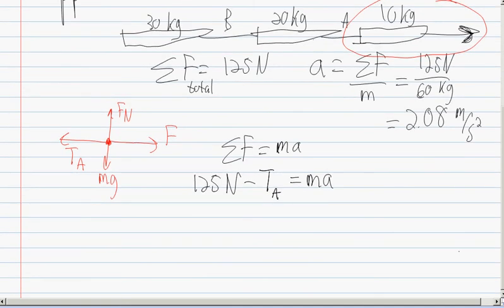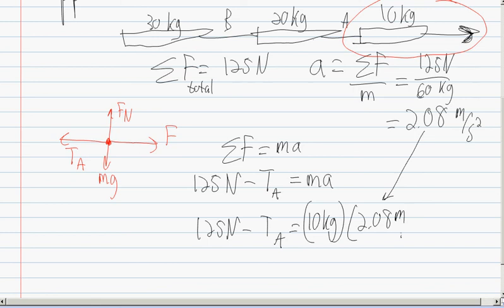Well, I'm only really accelerating one thing forward, and that's this boat. So it's 125 newtons minus TA equals 10 kilograms times A, which we figured out from up there, is 2.08 meters per second squared.